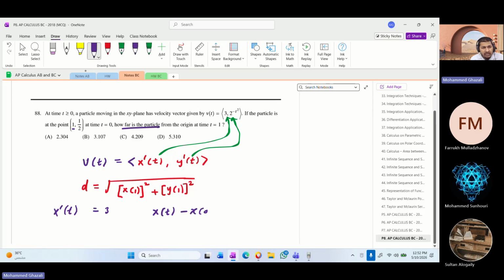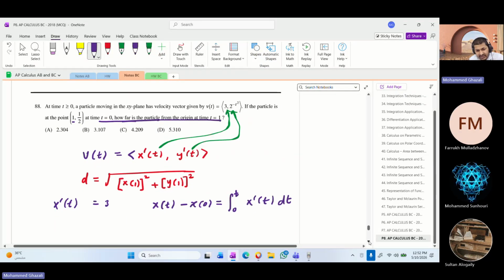At time t equals 0, x of 0 is fine. So x of t minus x of 0 is equal to the integral from 0 to t of x prime of t dt.